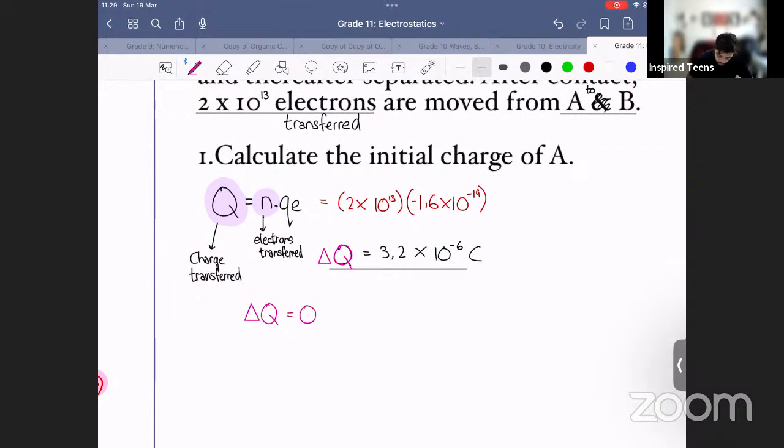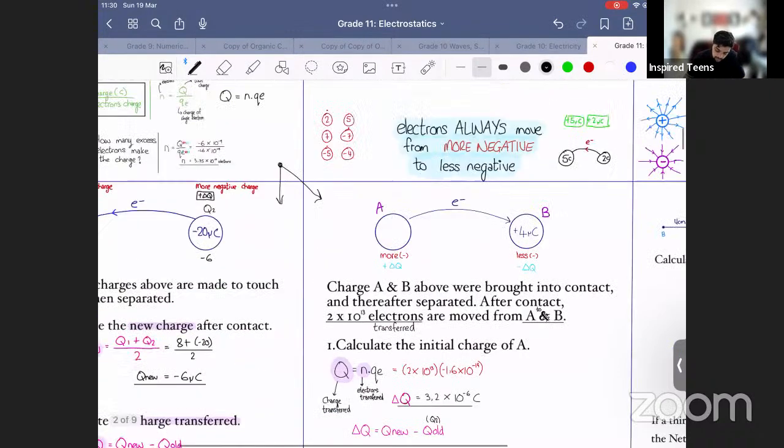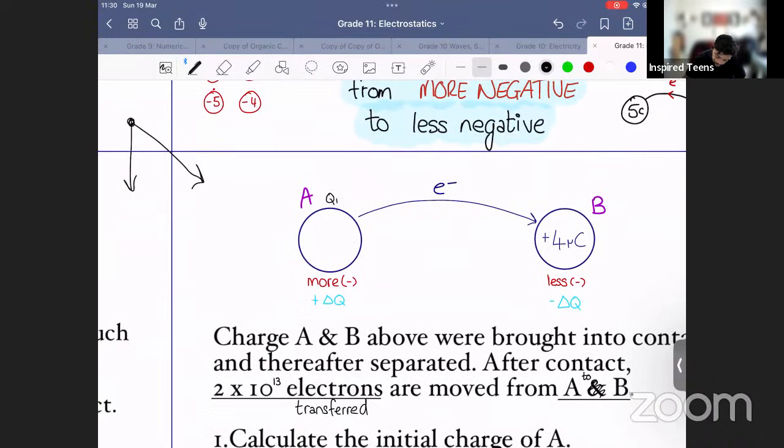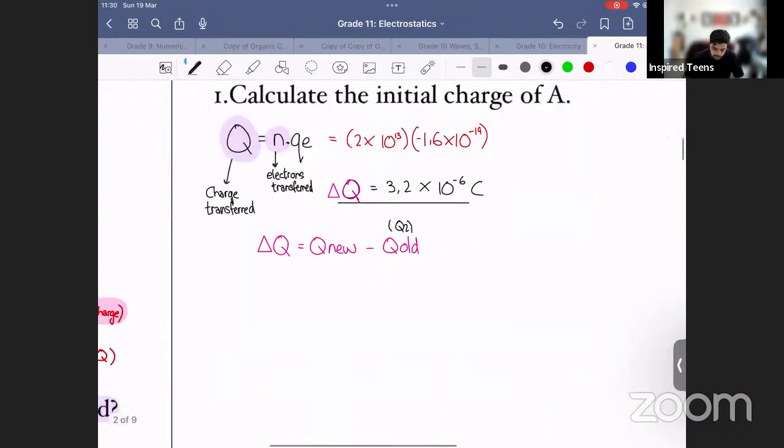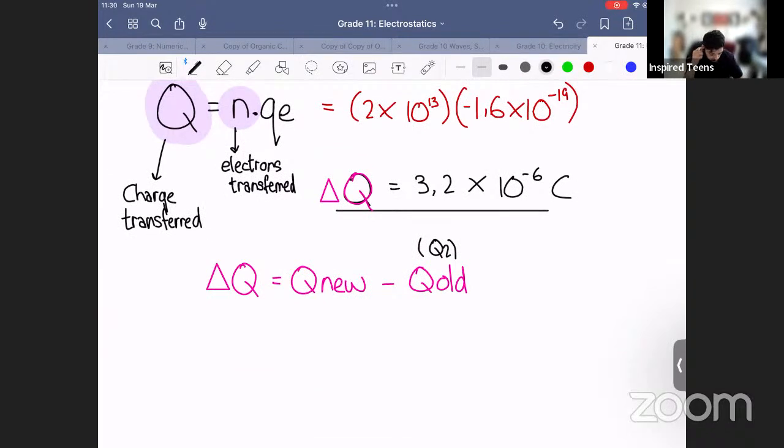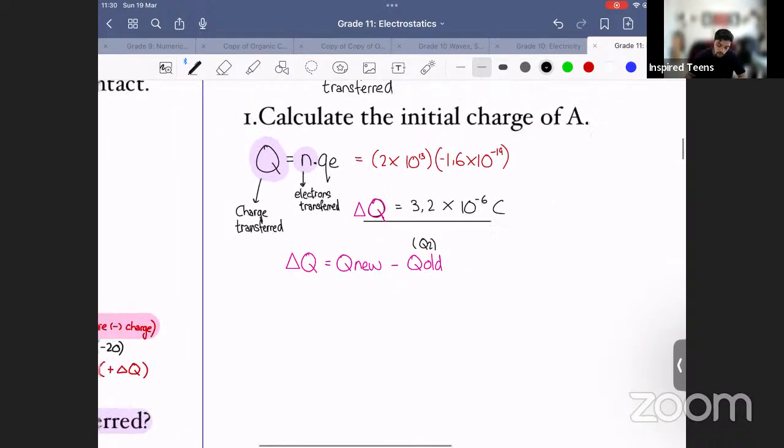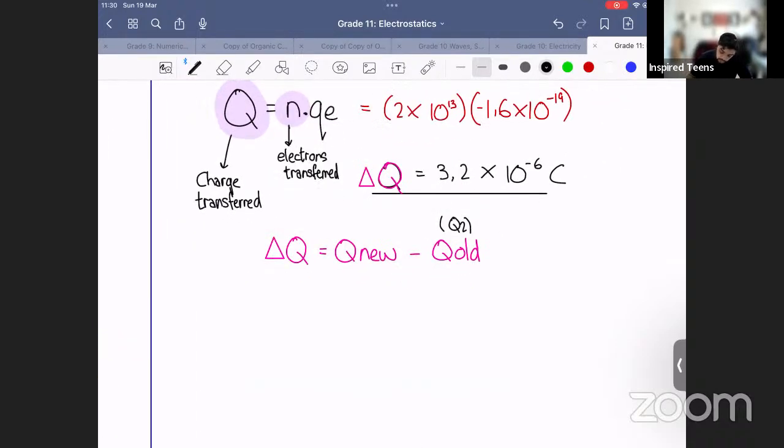Delta Q is equal to Q new minus Q old. Where we know one of the Q olds, we know Q2's Q old. Let's label them. I don't think they're labeled. Q1 and Q2. They're A and B, but it's fine. Q2's old, that we have, it's 4. Newly after contact, we don't have. However, we have delta Q. So we are working with Q2.